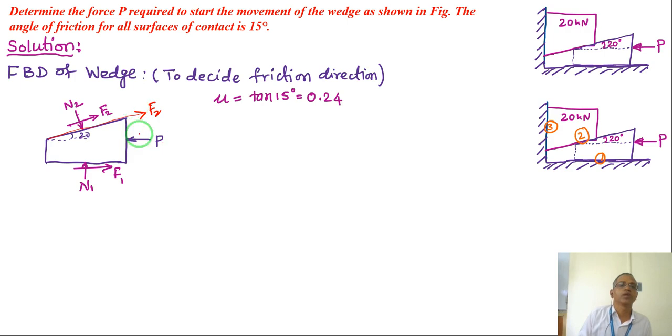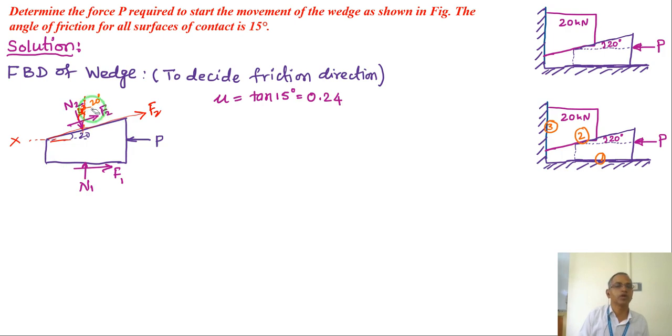So this F2 has an angle of 20 degrees with the x-axis horizontally. But for N2, I did not mention the angle. If I draw the vertical line like this, this is 20, that means this is also 20 degrees. So N2 cos 20 will be vertical, N2 sin 20 will be horizontal, right?